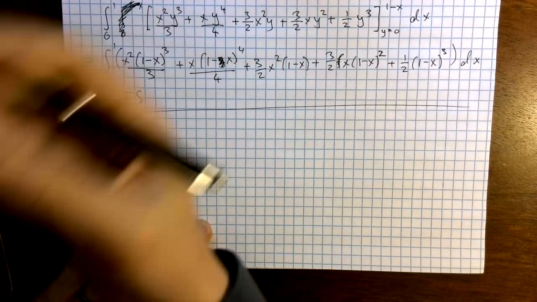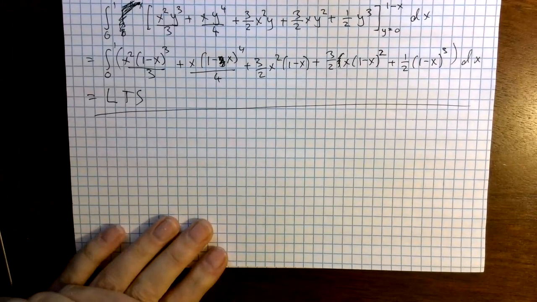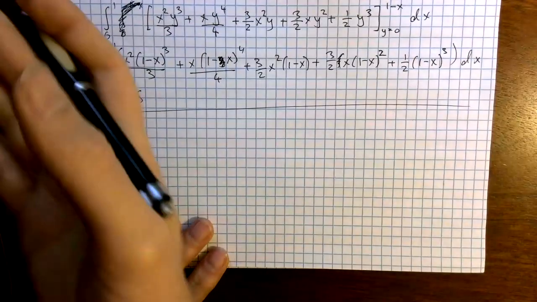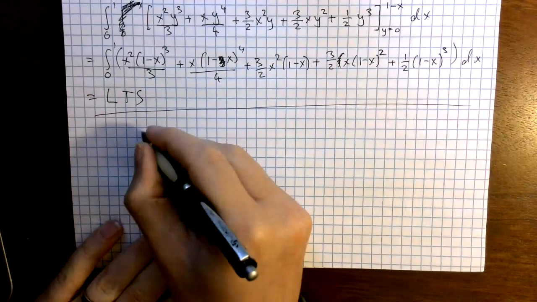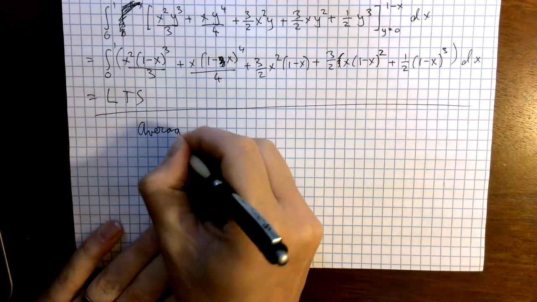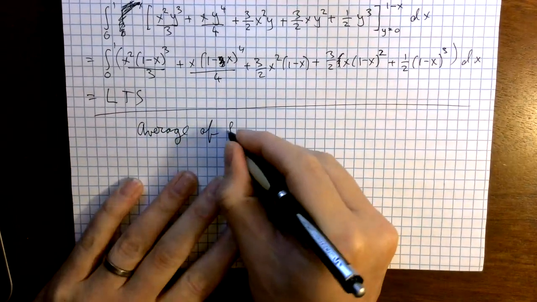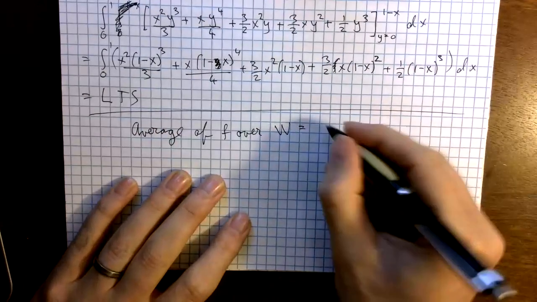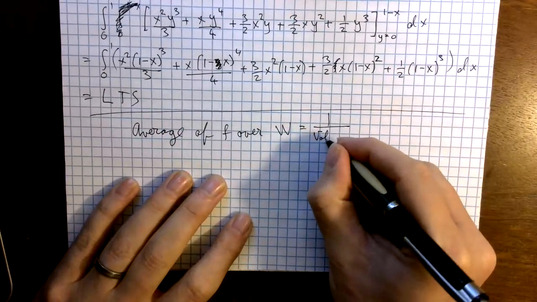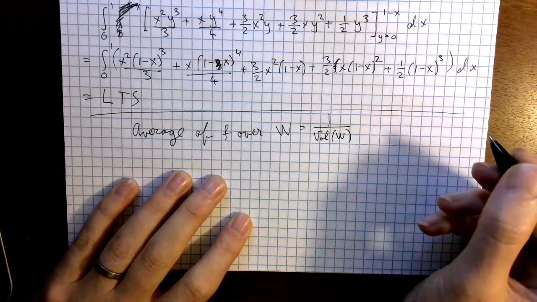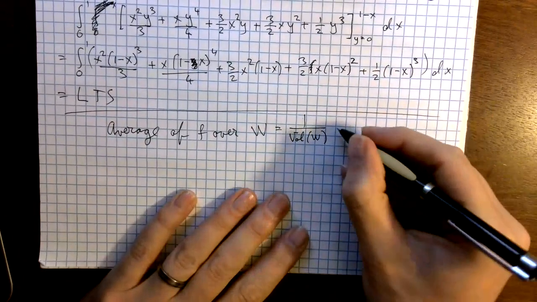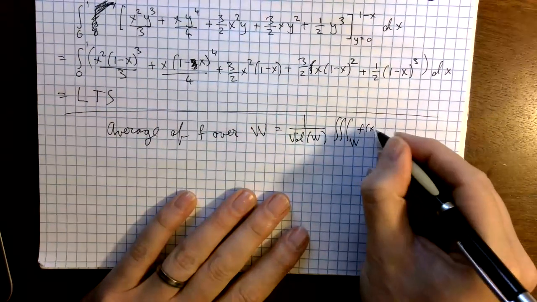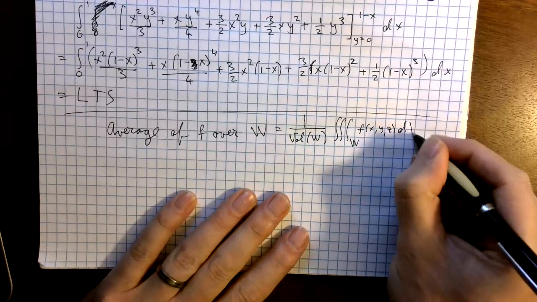And it's very similar to the way that this is defined in 2 variables, or in 1 variable as well. So the average of f over w is, well, it's supposed to be 1 over the volume of w, that's the way I'll write volume, times the integral over w, right?